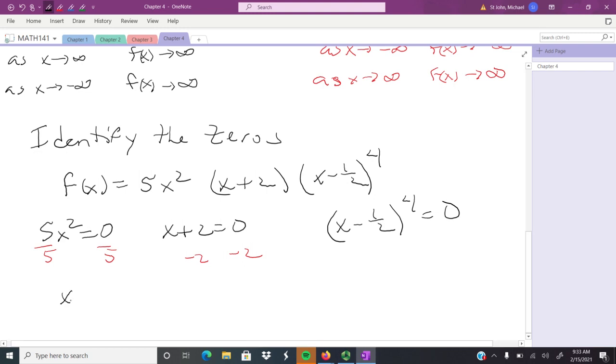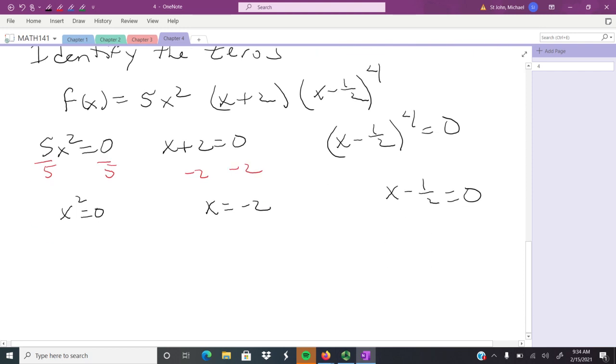So this is going to give me x squared equals 0. This will give me x equals -2. And this will give me x minus 1/2 is equal to 0. So here x is going to be 0. And this one, bring the 1/2 over, and we get x is going to equal 1/2.